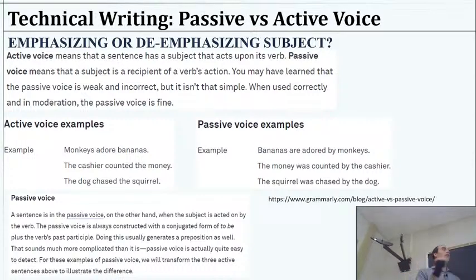So I'm going to get into some examples, but the whole purpose, there's active voice and passive voice. Sometimes passive voice is fine and appropriate and better. But in general, in technical writing, when we can use active voice, we should be using active voice. It's going to make everything easier to read, which is the number one goal for technical writing. We're dealing with technical stuff that's really hard to comprehend.